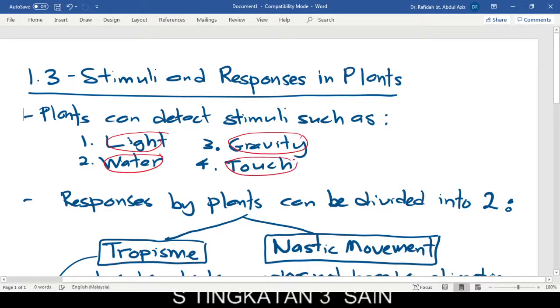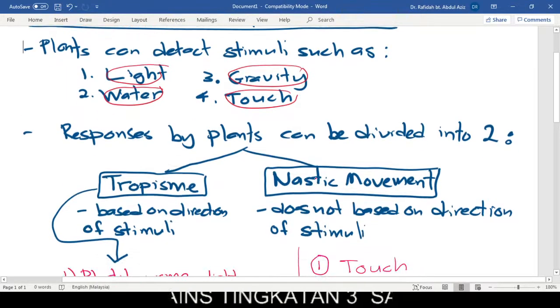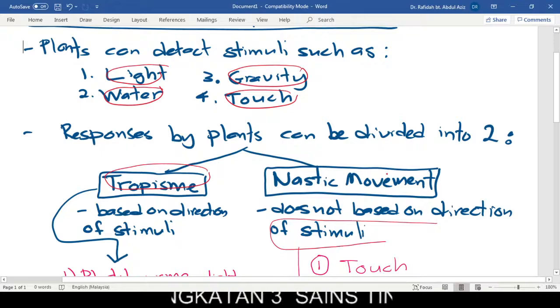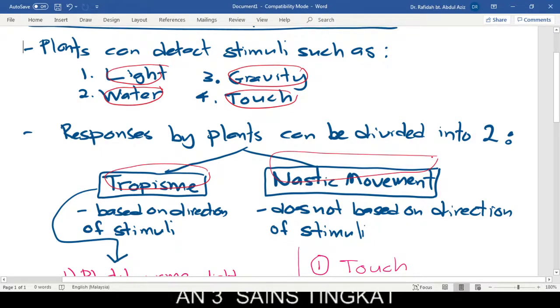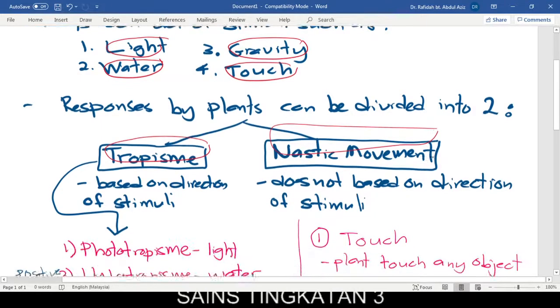How the plant responds to these stimuli can be classified into two: tropism, which is based on the direction of stimuli, and Nastic movement, which is not based on the direction of stimuli.